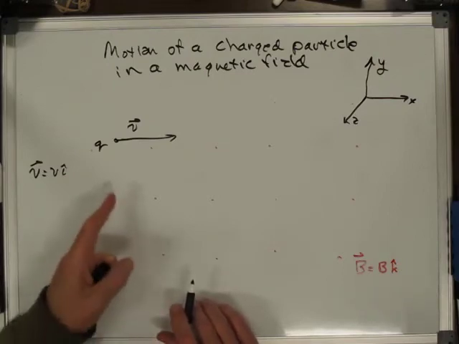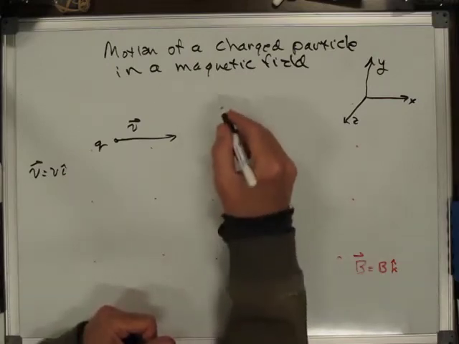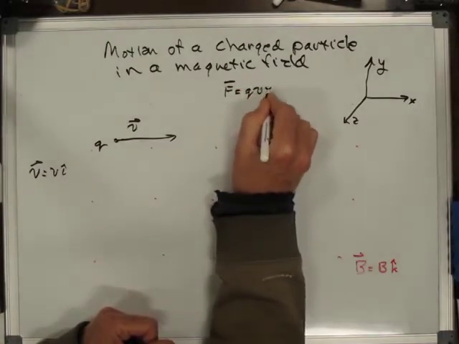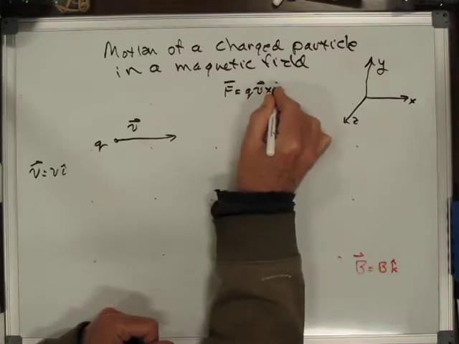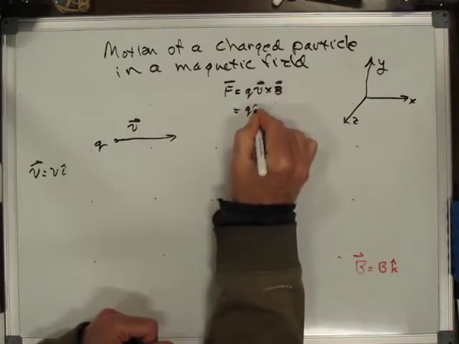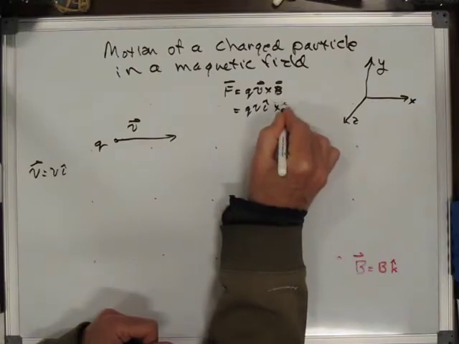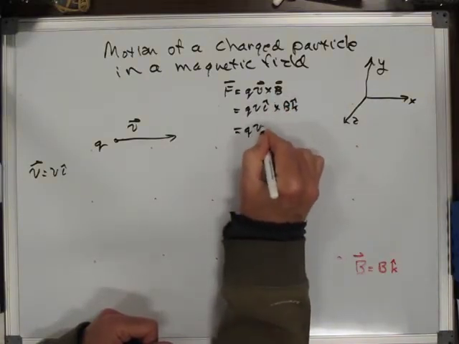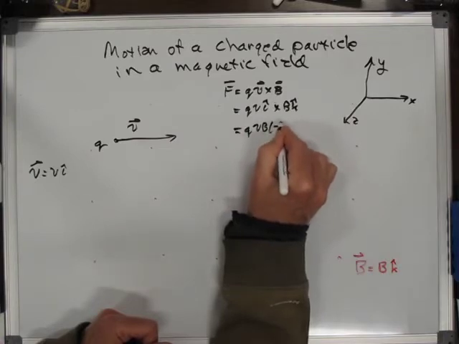And so hopefully we can realize by now that the force is equal to qv cross B, and that's equal to q times v i hat cross B k hat. And we already know what that is. That's qvB times minus j hat.